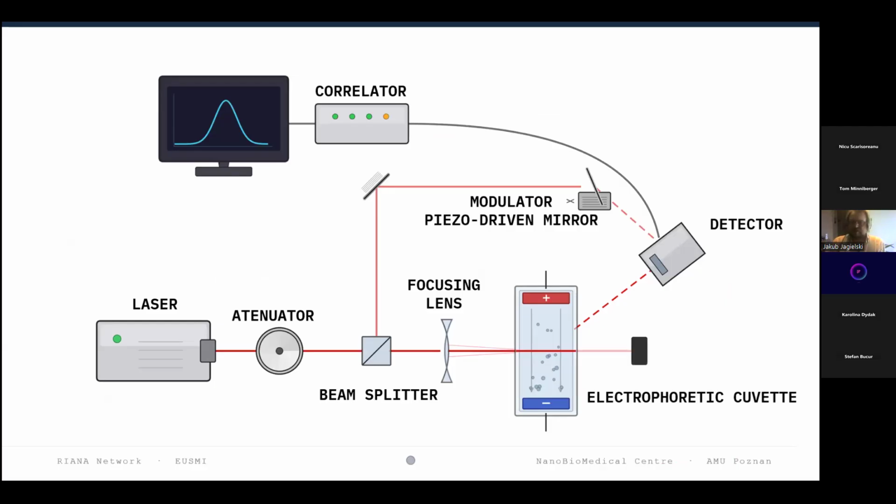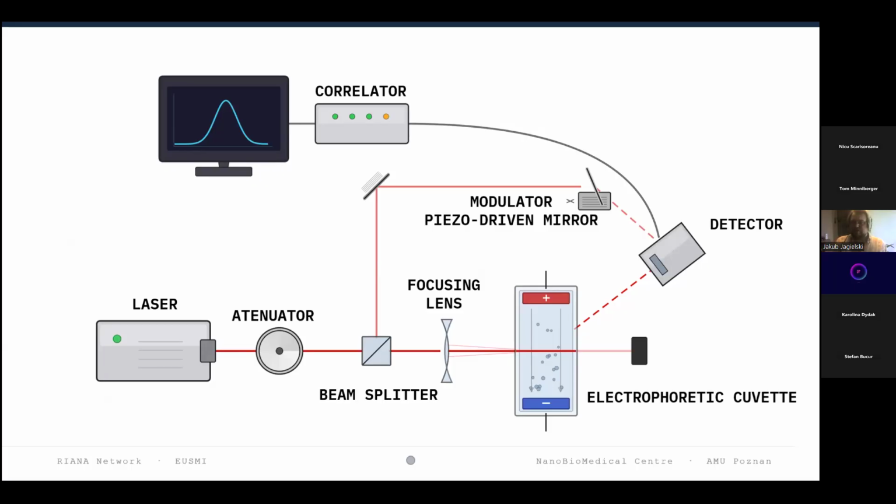One goes through the sample as before, and the other serves as a reference beam. The sample cuvette is now an electrophoretic cell with electrodes that can apply an electric field across the dispersion, and we introduce the so-called electrophoretic movement of our nanoparticles, depending on their surface charge.